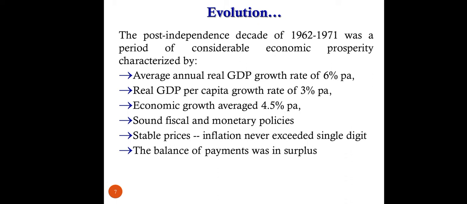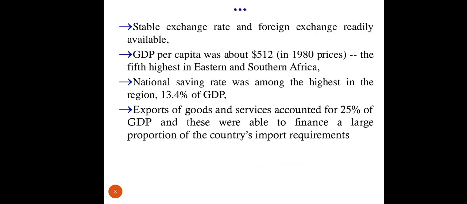Economic growth rate averaged 4.5% per annum, with sound fiscal and monetary policies, stable prices, and inflation never exceeded a single digit. The balance of payments was always in surplus. So every time you have inflation, this might be the increase or decrease in prices. When inflation is just at a single digit, the economy is operating well. And then the balance of payments was in surplus. We also had stable exchange rates and foreign exchange readily available.